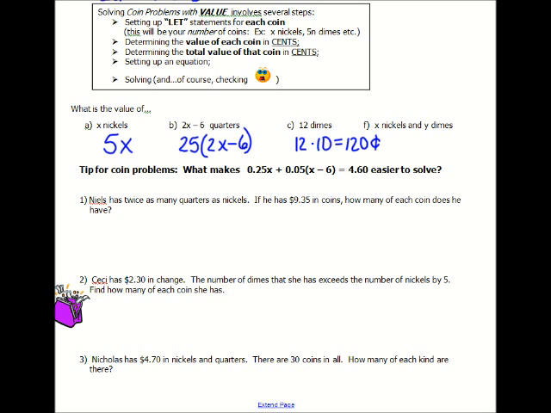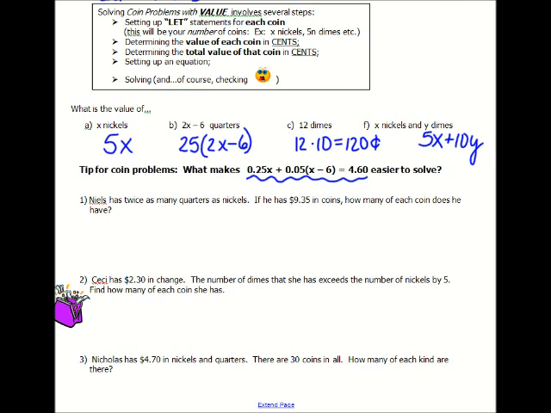X nickels and Y dimes, think about an expression for that, and I would have 5X plus 10Y. Good? All right, so I don't typically use these cents in mine. I put everything in the hundreds just to make it easier. All right, so let's go on with our coin problems here.